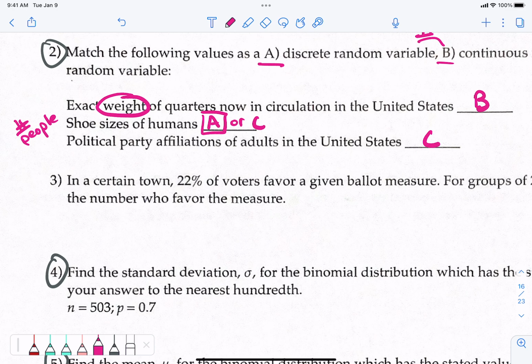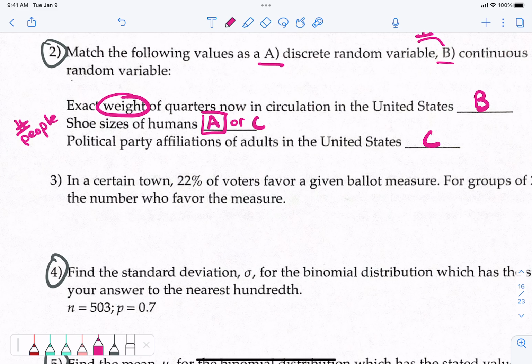So probably A, but if you had C, I'll probably take that too. Yeah, I wouldn't think about it that hard. So most of you probably had A, and that's fine. Hopefully the one on the test will be cut and dry, not a weird one like that.